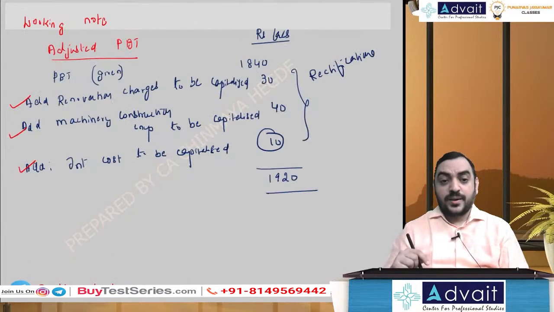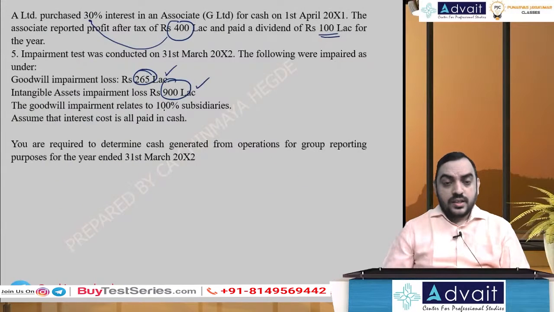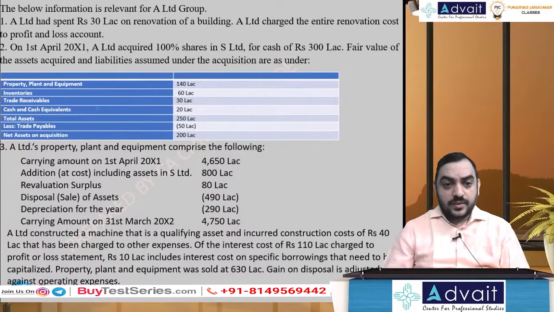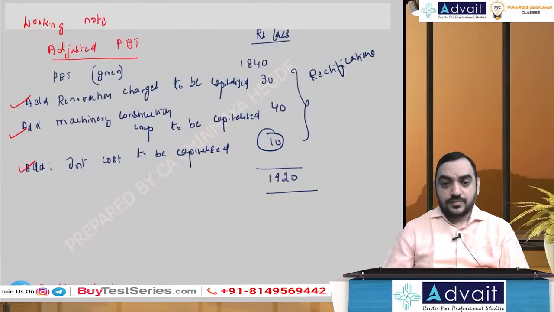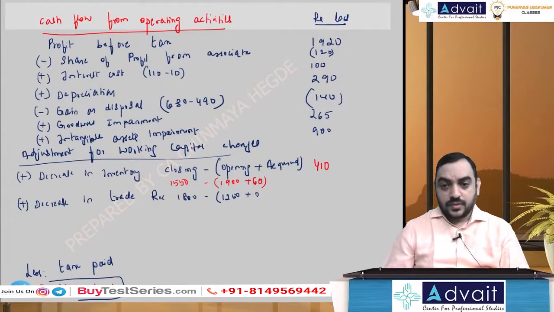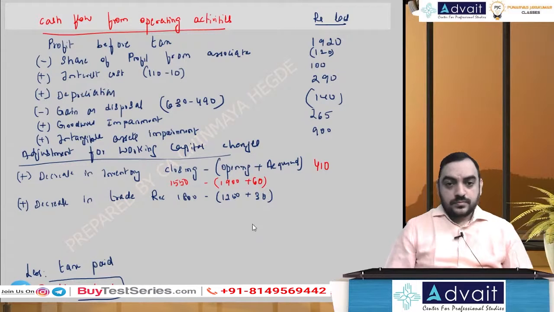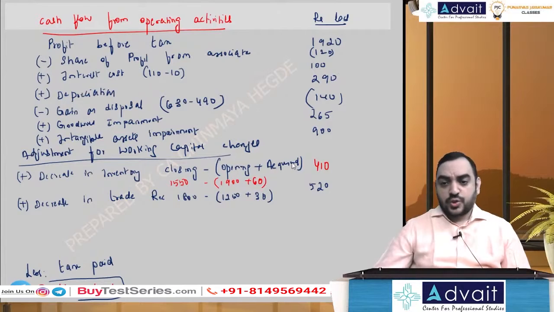What is acquired? Debtors acquired, trade receivables 30 lakhs, plus 30.